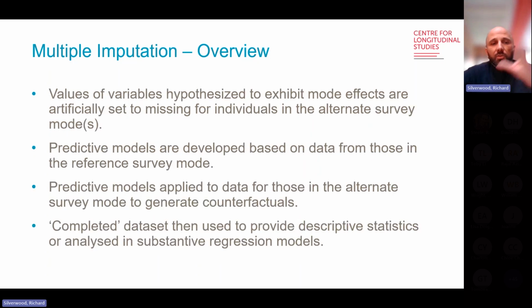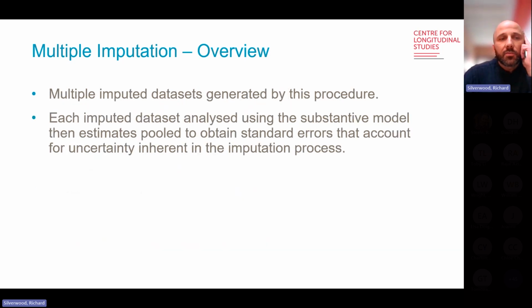So that description so far is a kind of single imputation approach. And perhaps you can see that if we were doing that, then there's some uncertainty inherent in the imputation process that we're not accounting for. We really should be propagating that uncertainty through, and that's where multiple imputation comes in.